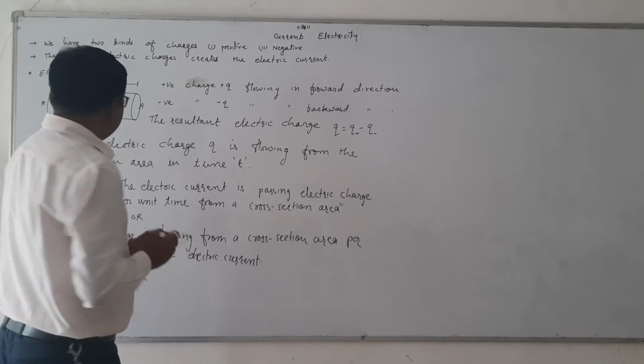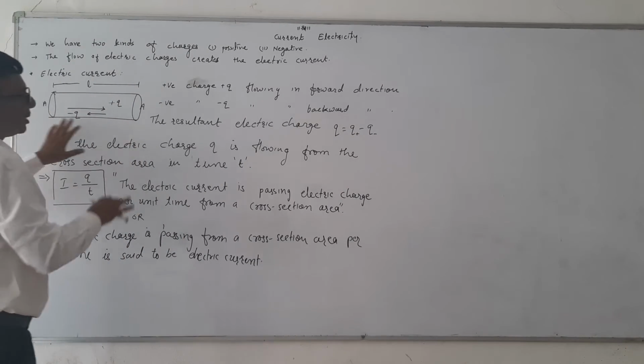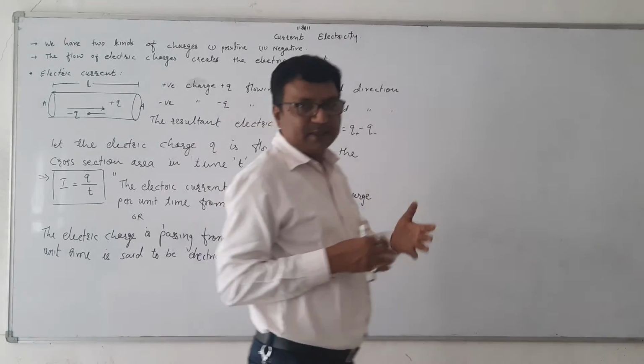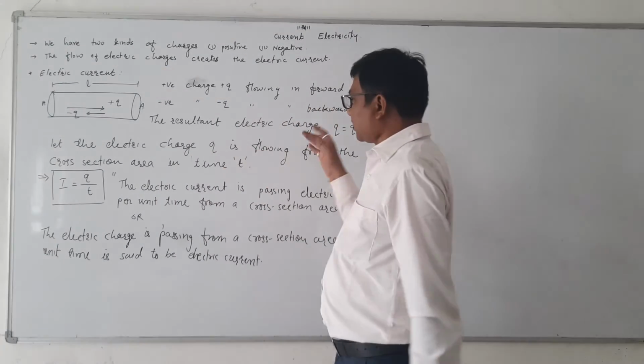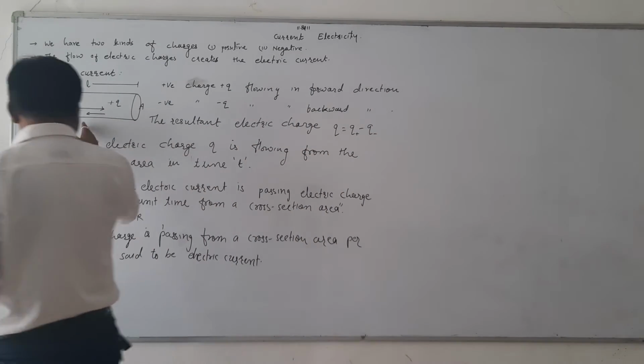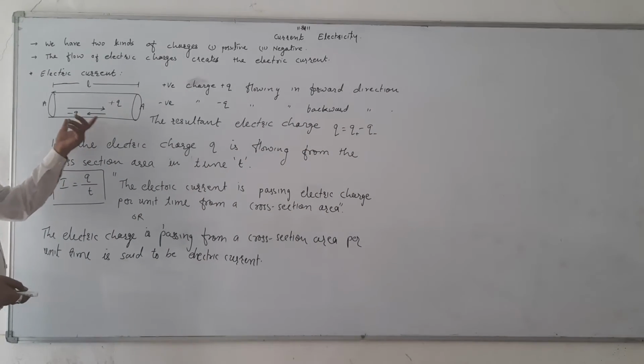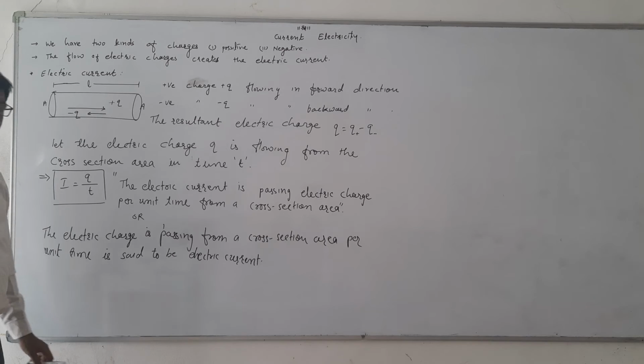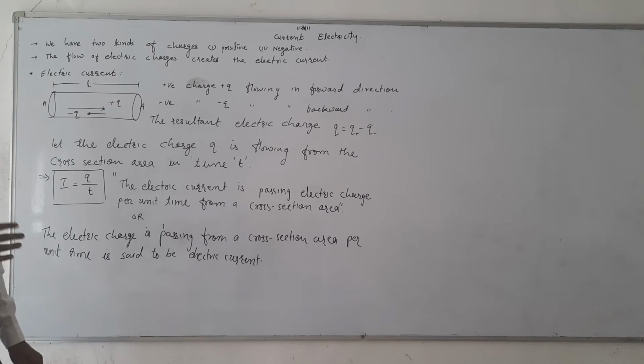But see, this is the conductor through which electric current is passing. But friends, is the amount of charge flowing uniformly from one end to another end?